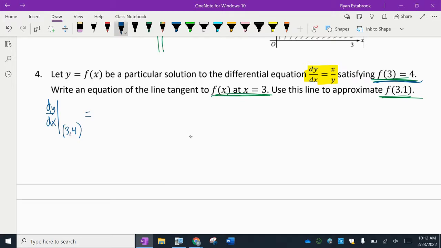Plug it in: 3 over 4, the x value divided by the y value. There is our slope. What point does this tangent line pass through? (3, 4). It's got to go through that point. So can you write the equation of the line that has this slope and goes through that point?